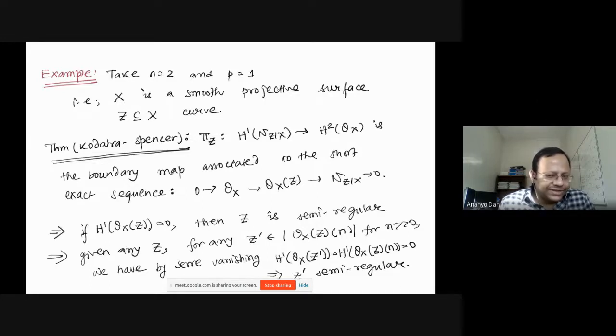So one of the ways to check if it is semi-regular is if H1 of O_Z vanishes. If H1 of O_Z vanishes, then the boundary map is going to be injective. And one way you can make this vanish is using the Serre vanishing by twisting it by a sufficiently ample line bundle.